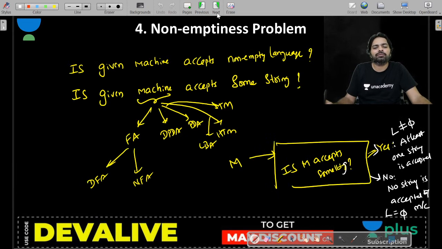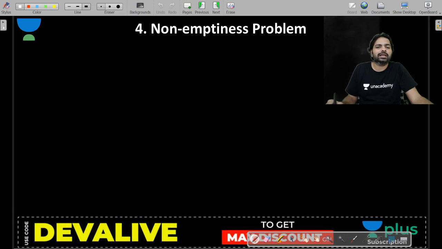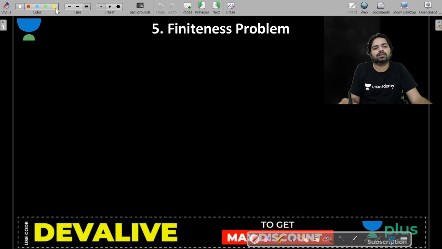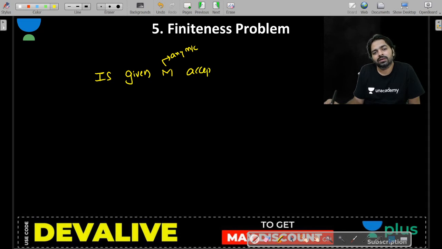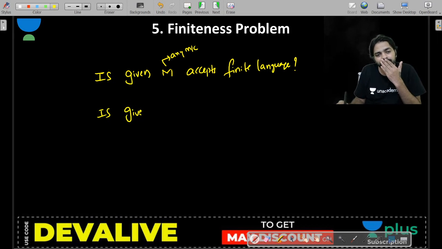And similarly, you can apply this for any machine, as I told. Finiteness: directly I will write the problem, guys. Given M, where M is any machine, does M accept a finite language? Now the language, we don't ask for a string. Or you can say, given a grammar G, which can be any grammar like regular grammar or context-free grammar, you can apply it to grammar also.